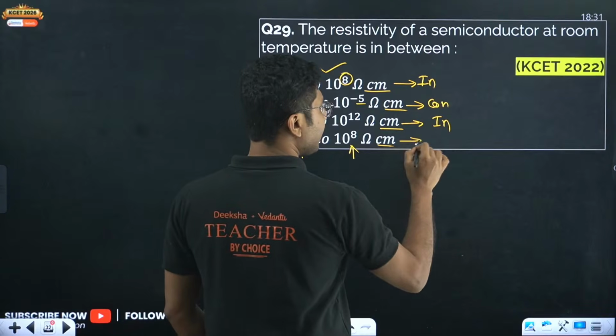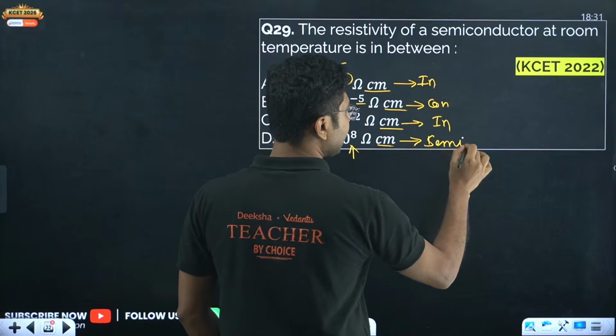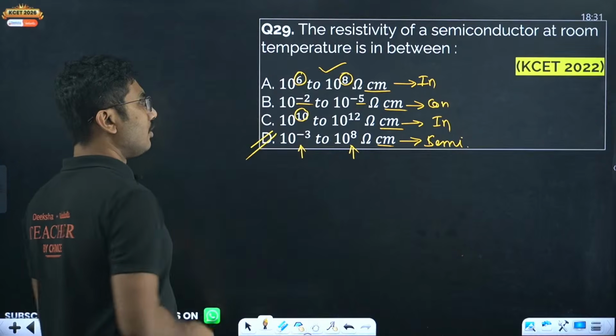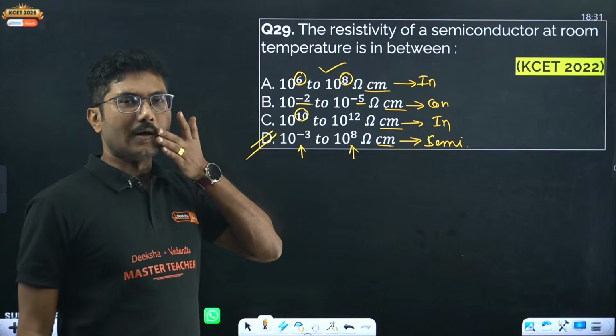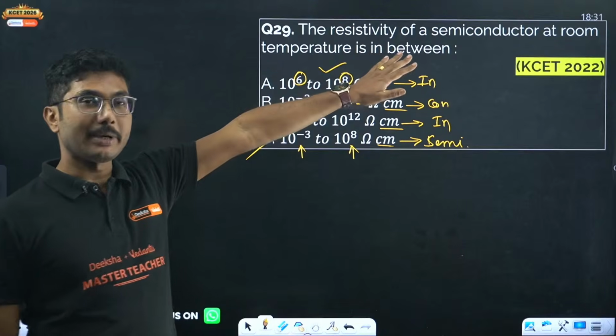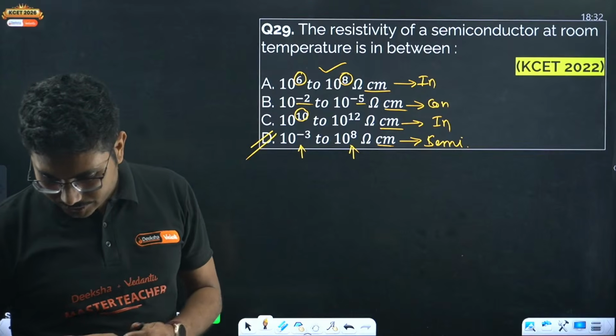So this must be representing the semiconductor. In 2025, the same question was asked, with conductivity also given, but for metals. So this is a very common repeating question.